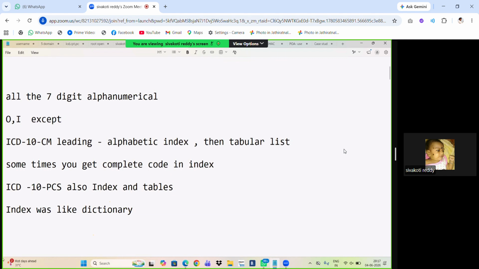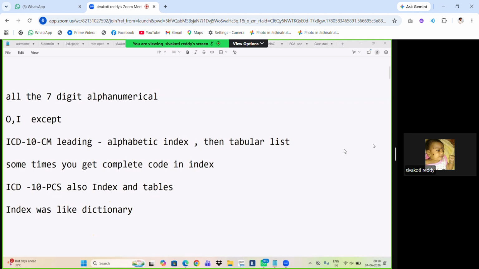So first thing, unlike ICD-10-CM and CPT, we don't get a direct code here. In CPT and ICD-10-CM you get the code and description. Here in PCS, you don't get the complete code directly. We need to identify each character. It is completely different.